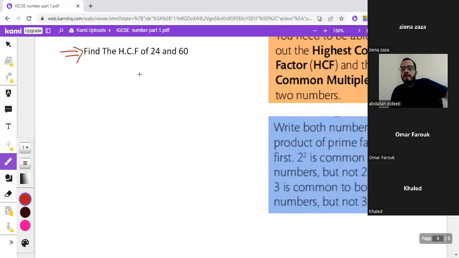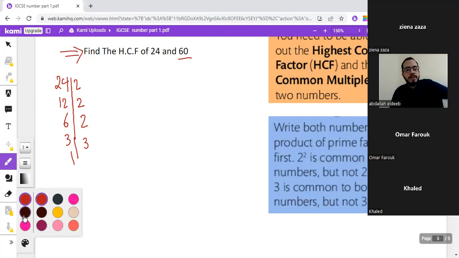Actually, first step is you have to factorize each number like this. 24 divided by 2 is 12, 12 divided by 2 is 6, 6 divided by 2 is 3, then 3 divided by 3 is 1. Then you factorize 60.